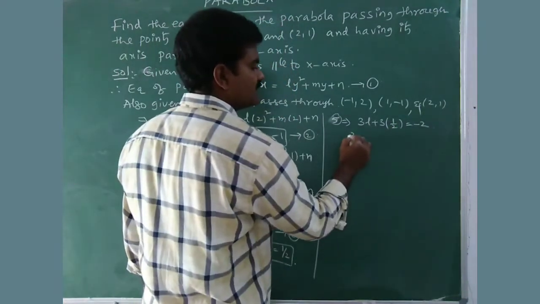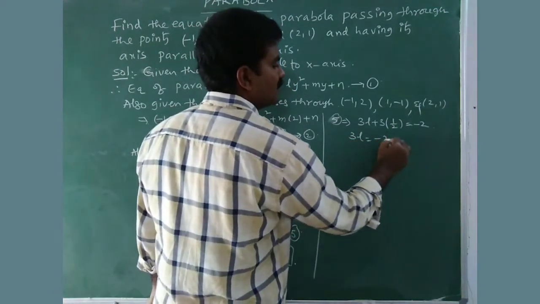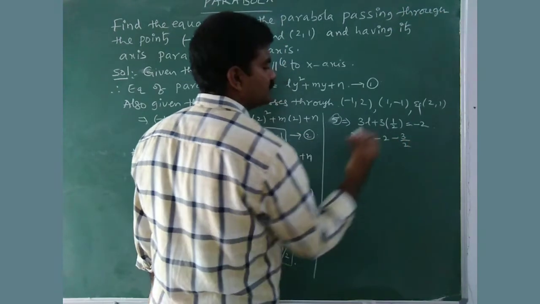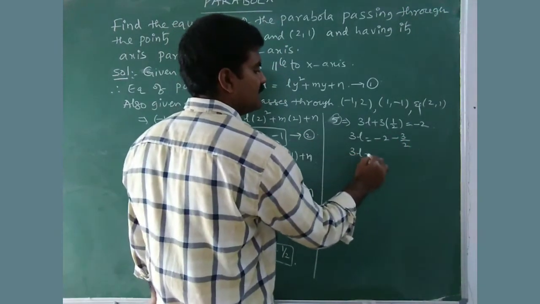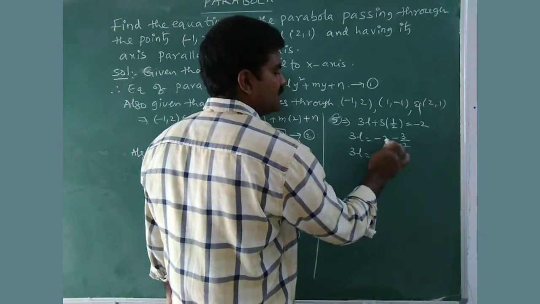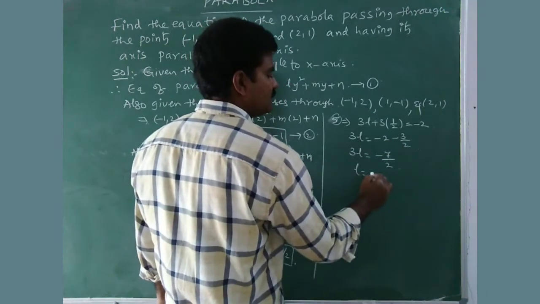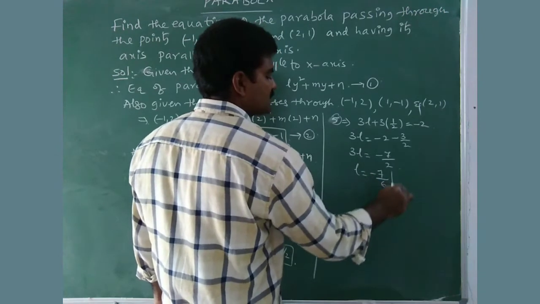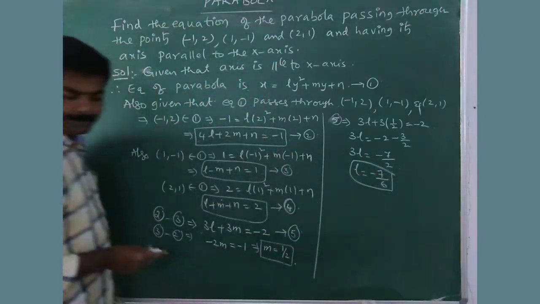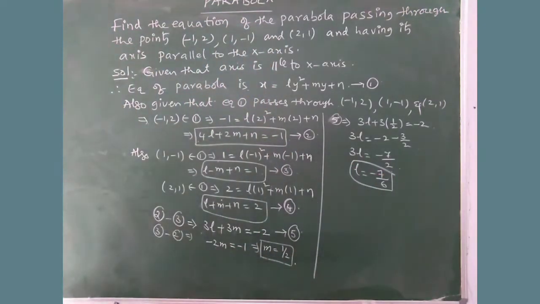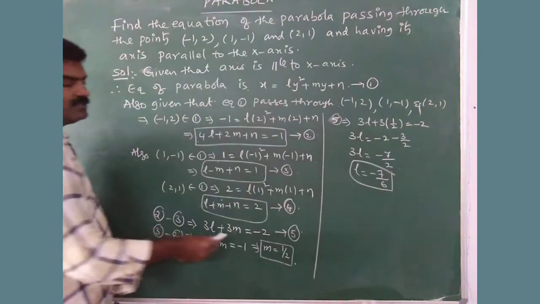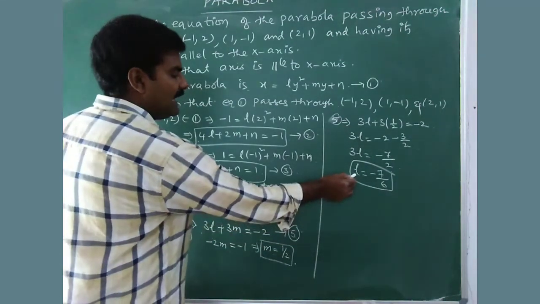So from this, 3L is equal to minus 2 minus 3 by 2, then 3L is equal to minus 7 by 2, hence the L value is minus 7 by 6.